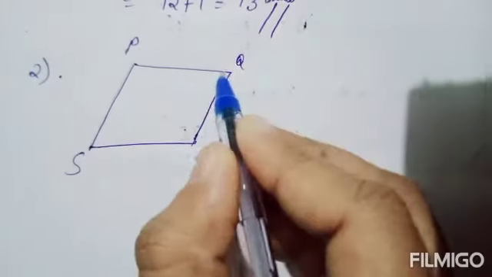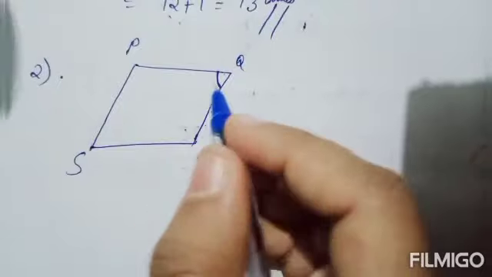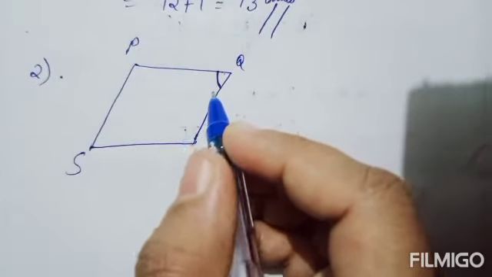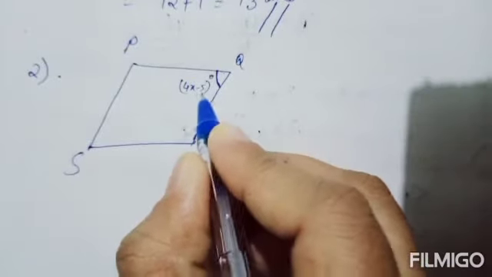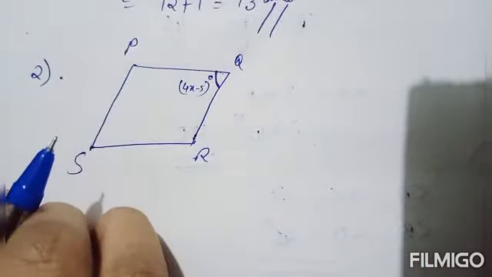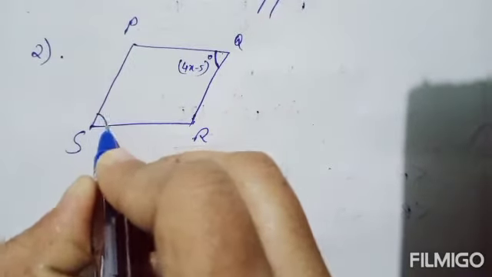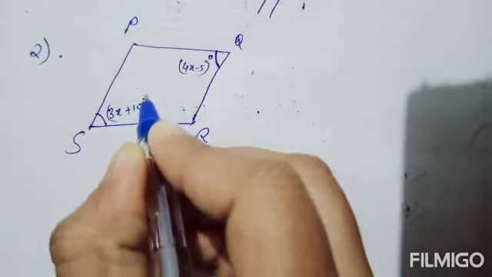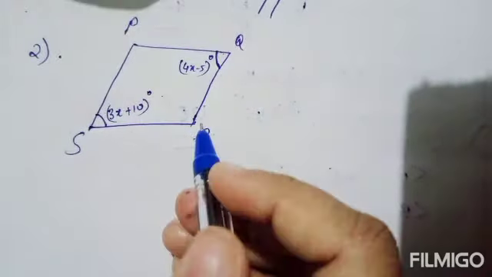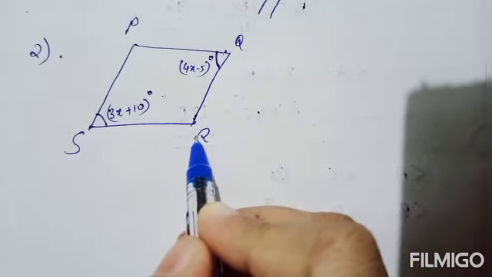In that, angle Q, this angle, is 4x minus 5 degree, and angle S is 3x plus 10 degree. You have to calculate angle Q and angle R.